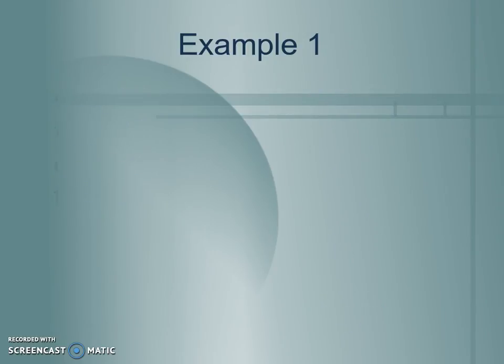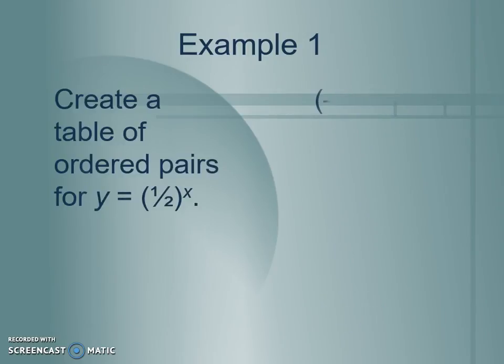The second one we had was y equals 1/2 to the x power. So they also use -3, -2, -1, 0, 1, 2, and 3. So we'll just do the first one together. So we have x and y. If our x is negative 3, we're saying 1/2 to the negative third. So we're going to have to flip this around because of the negative exponent.